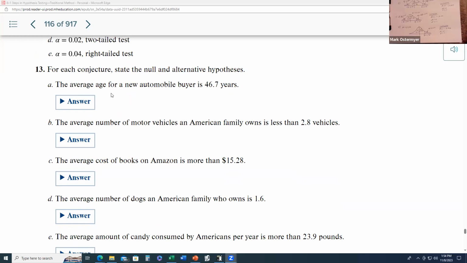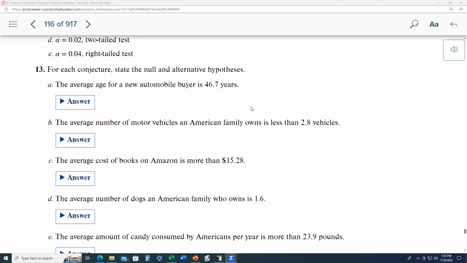It says, the average age for a new automobile buyer is 46.7 years. Well, got a question for you, ladies and gentlemen. When you see that statement, the average age for a new automobile buyer is 46.7, "is" means what symbol in mathematics? Is. Anybody? Does it mean greater than, less than, or equal to? There's your hand. Which one would it be?